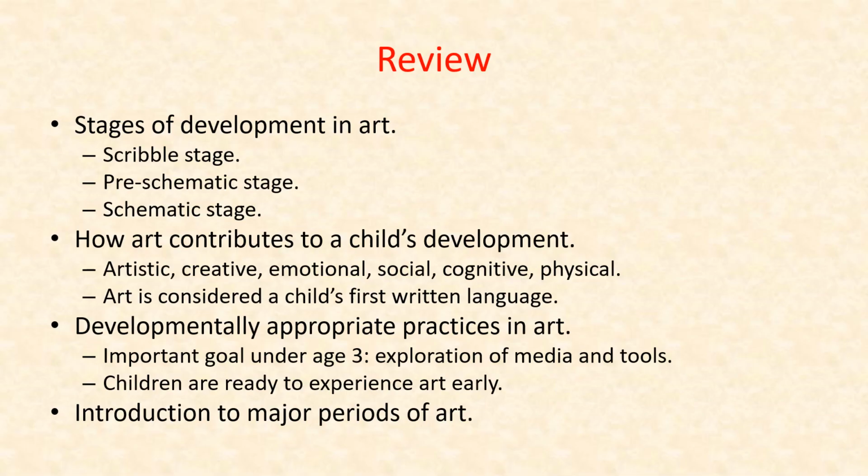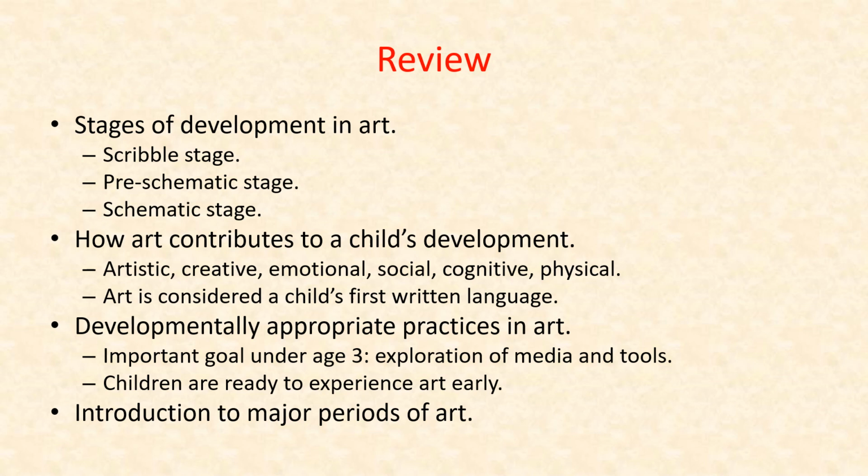To review, in this video, we considered the stages of development in art of early childhood students. We looked at the scribble stage, the pre-schematic, and the schematic stages. Then we looked at how art contributes to a child's development in the areas of artistic, creative, emotional, social, cognitive, and physical domains. And we raised a very important point that art is considered to be a child's first written language.